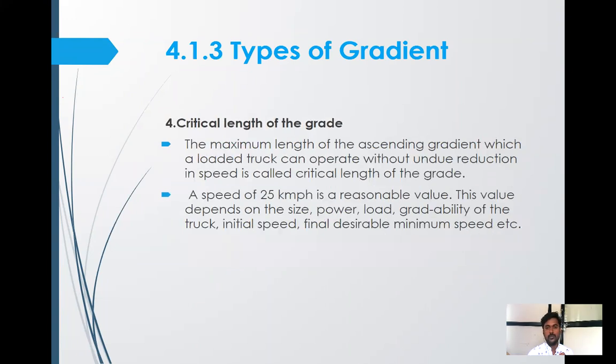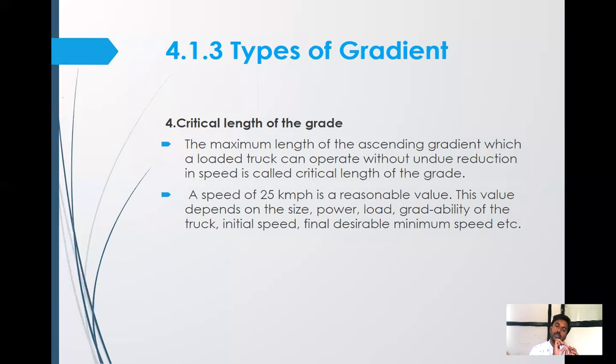Then the critical length of the grade: the maximum length of the ascending gradient which a loaded truck can operate with no undue reduction in speed is called the critical length of the gradient. What is meant by the critical length? This is the maximum length in the ascending gradient. Whenever any loaded truck or heavy vehicle is climbing an ascending gradient, it can operate without any undue reduction in speed.